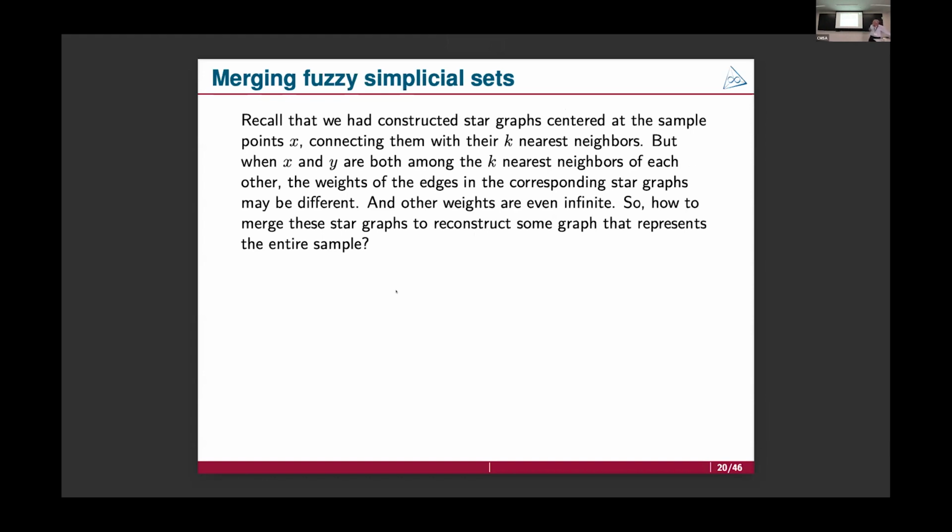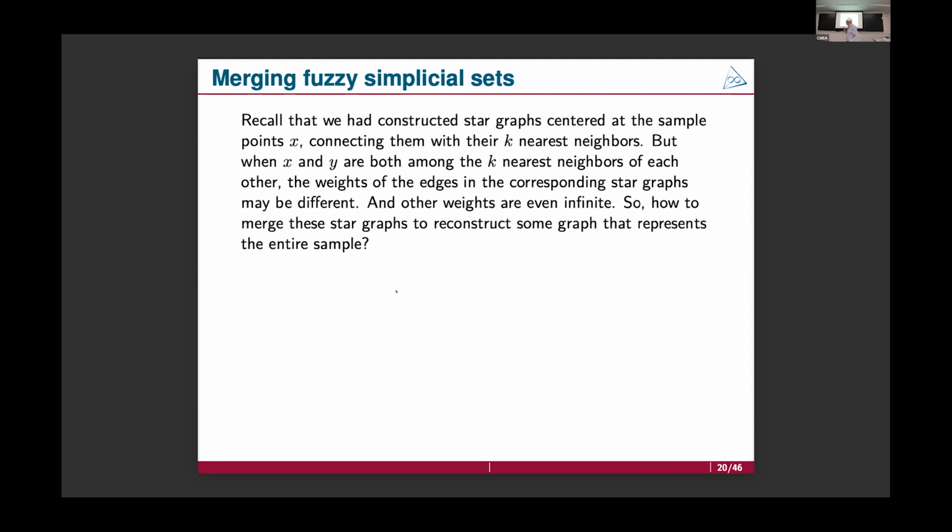So recall, we had constructed the star graphs centered at the sample points, connecting them with the k-nearest neighbors, and essentially relegating everything else to infinity. Now, when x and y are both among the k-nearest neighbors of each other, then the distances, or if we convert them into probabilities, the weights of the corresponding edge are in general different, because we normalize them in a different way.